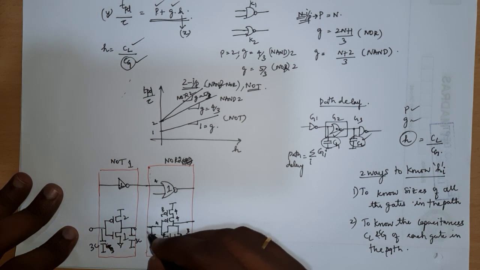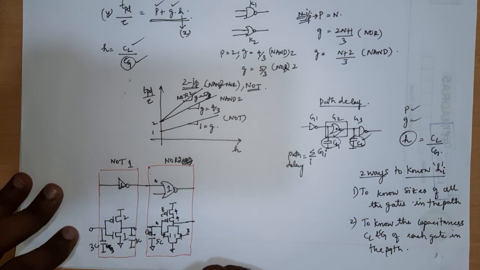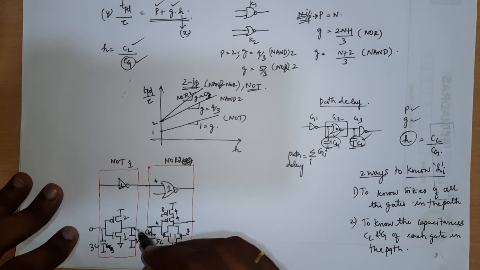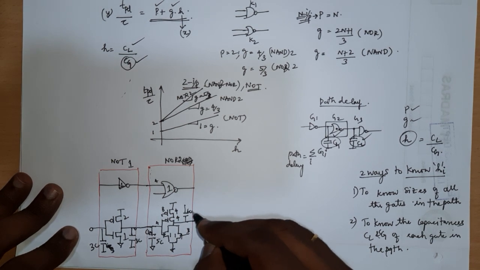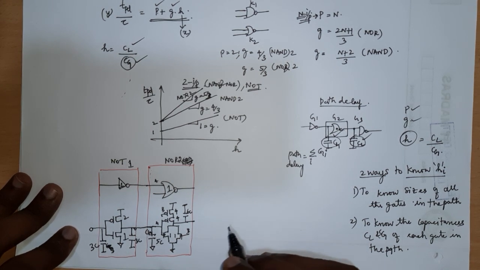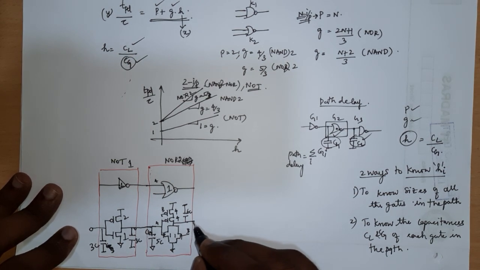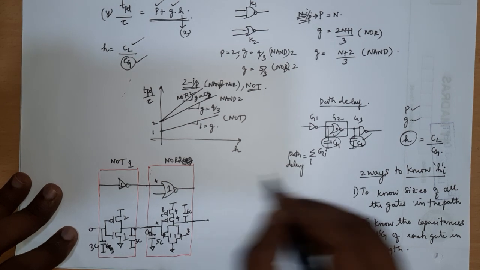This is the CG of this NOR 2. Now these two are connected, and at the output you have a parasitic capacitance which is 4 plus 2C, 6C. I'm drawing it above just to avoid cluttering. Now you have the next stage and so on and so forth.